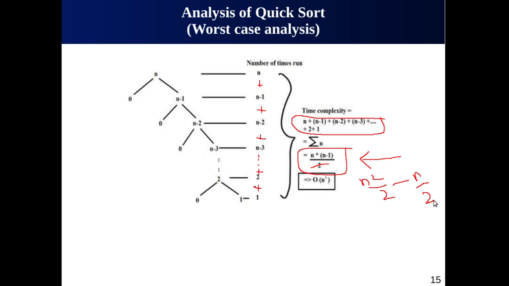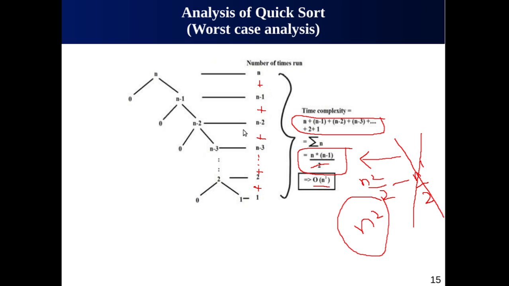So the two rules are that you have to ignore the lower order terms. Here n has a power 1 and here n has a power 2. Ignore n to the power 1 and also ignore the leading constant, that is 1 by 2. So what remains is n square, and that is the worst case running time of the quicksort algorithm, that is big O n square.